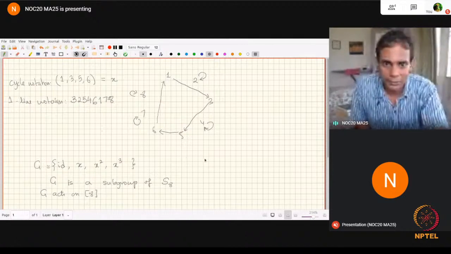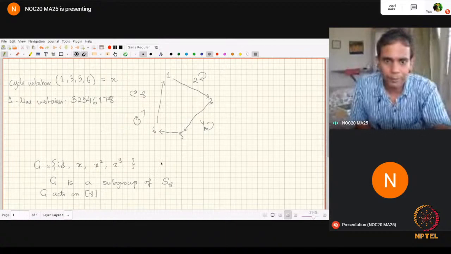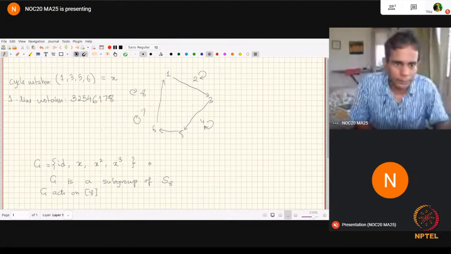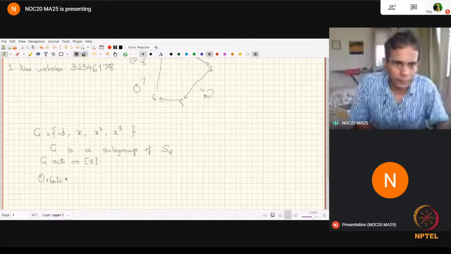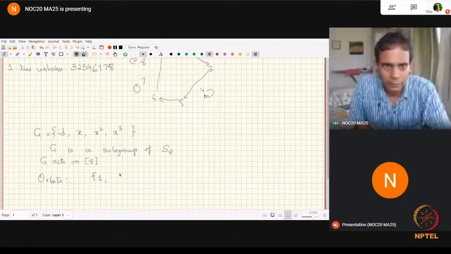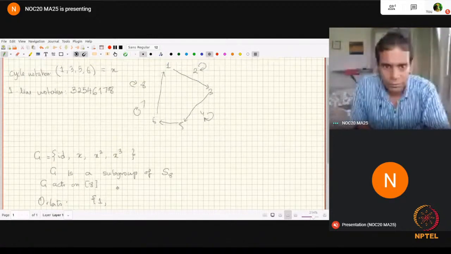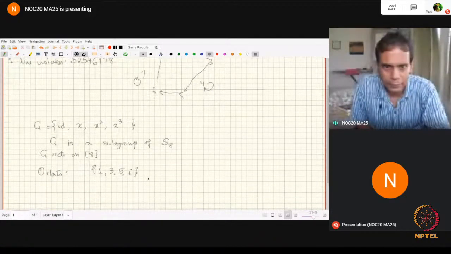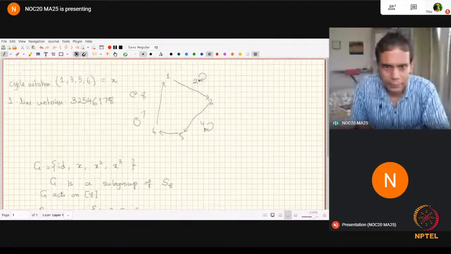So the orbits are: there's one orbit which is {1, 3, 5, 6}, and then the remaining elements are in singleton orbits. Because if you take any power of x, it will just take 2 to 2, and 4 to 4, and 7 to 7, and 8 to 8.